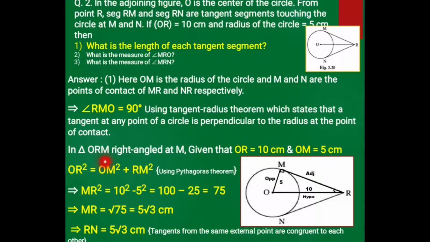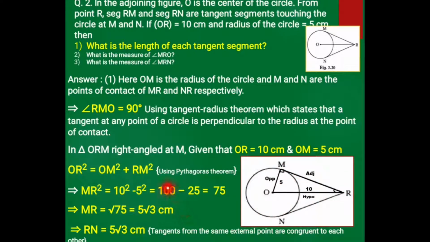So we consider triangle ORM. Therefore, in triangle ORM, right angle at M, given that OR equals 10, OM equals 5.